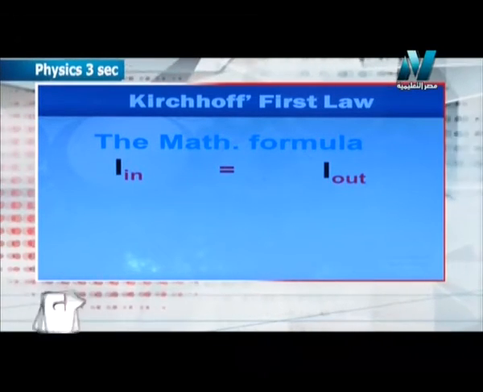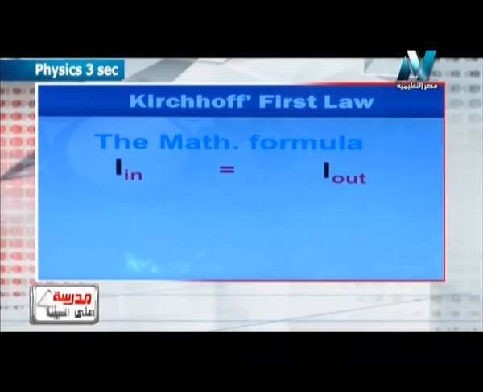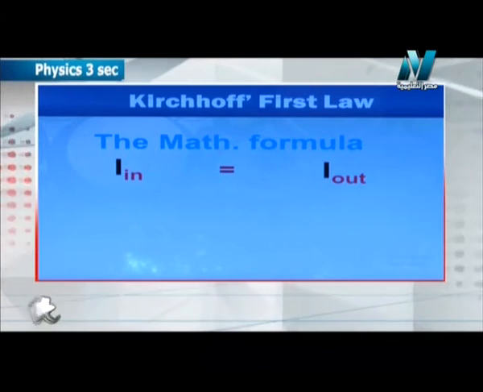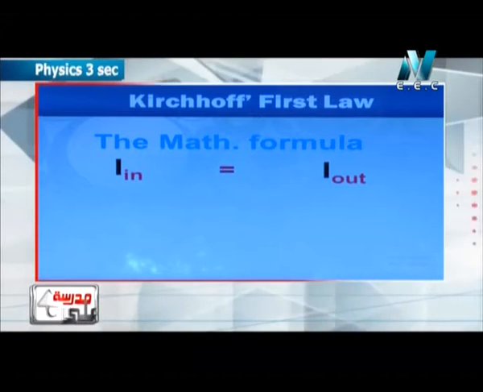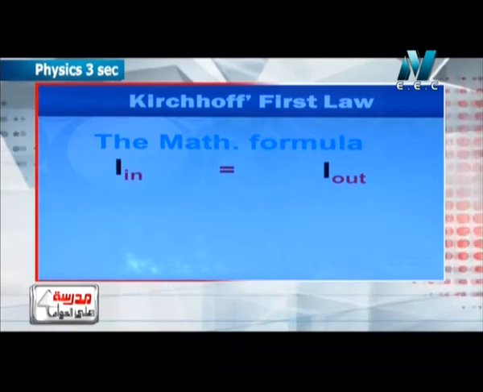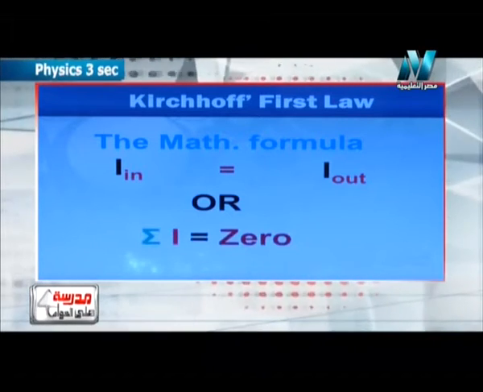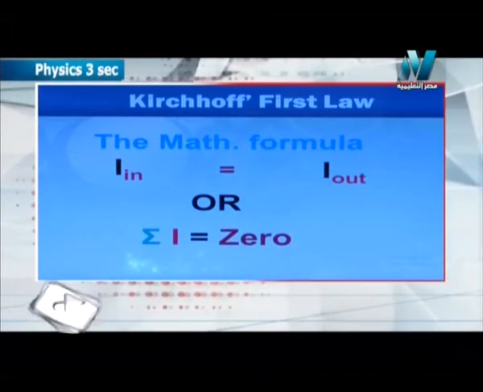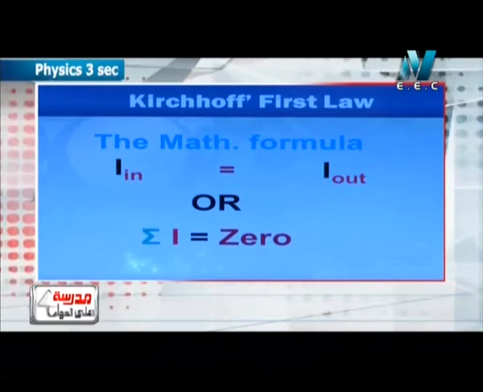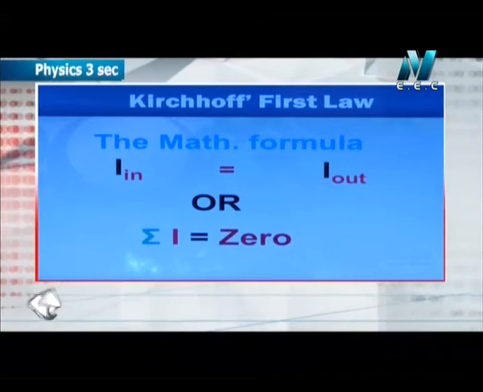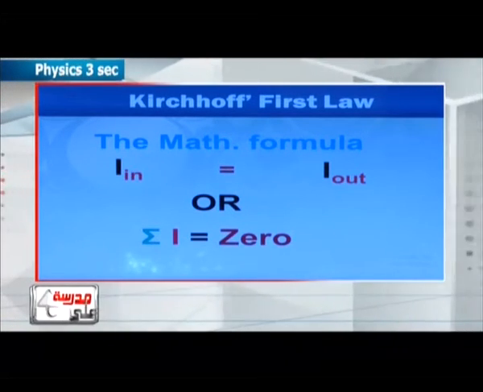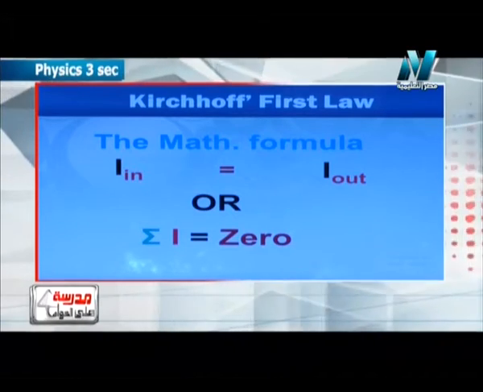I in equals I out. In means the current entering the point or the node equals the current leaving, or you can say sigma I equals 0, the algebraic summation of current at any node equals 0.